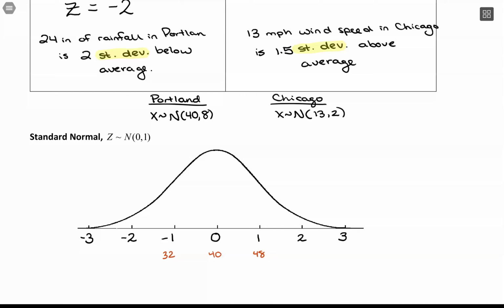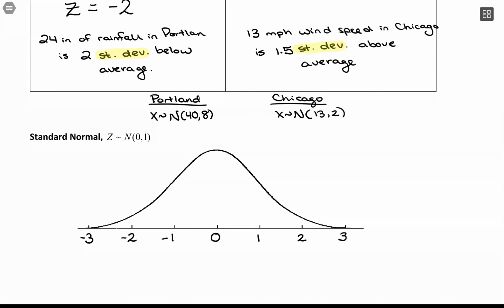Numerically, 48 would come through, but 1 as a z-score standardizes it. And in terms of Portland rainfall, we'd have 32, and as a z-score, we can use -1 to represent that one standard deviation below the mean. So now what we could do is map where Portland and Chicago land on this number line.